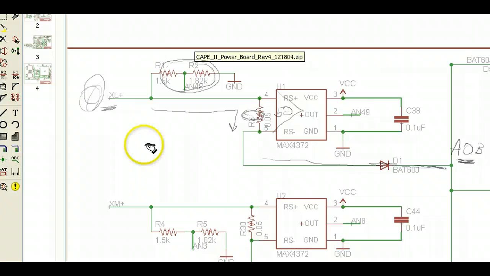So just in review, as we have 14 solar panel inputs, we measure the voltage, and we measure the voltage drop across a small resistor, which produces a signal AN49, which will show up on a switch going to the PIC. So that is 14 of the circuits. Okay, now let me get back to my mouse here, and we'll work on another part of the circuit.